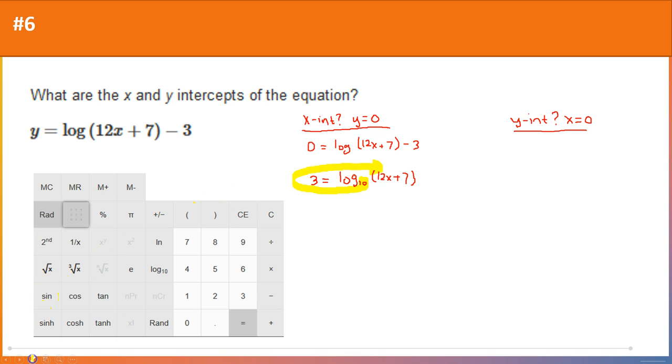And what we end up having is 10 raised to the 3 equals 12x plus 7. Okay, 10 raised to the 3 is 1,000 equals 12x plus 7, so we have to subtract 7 from both sides.